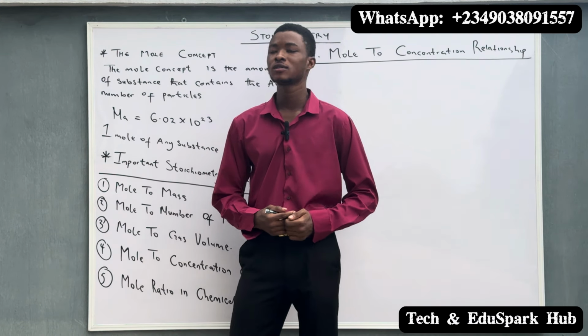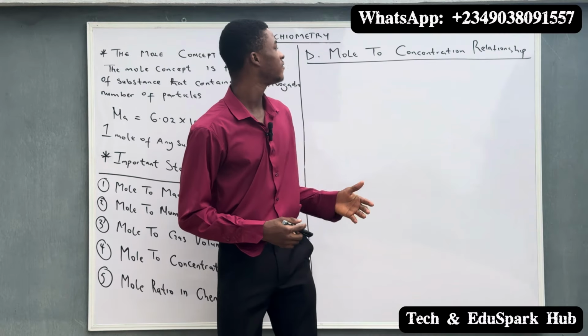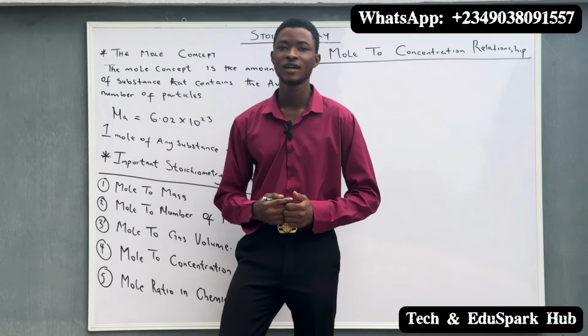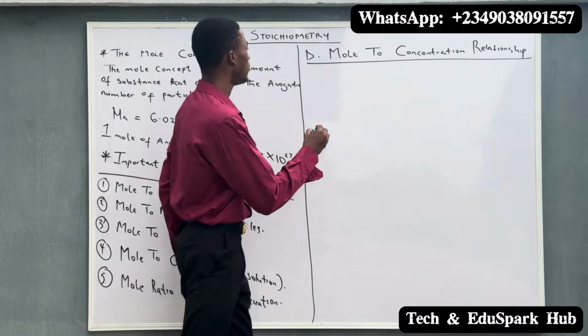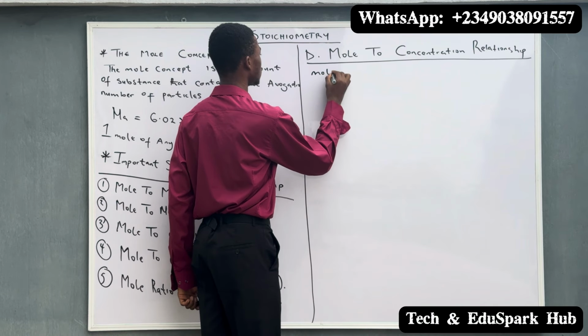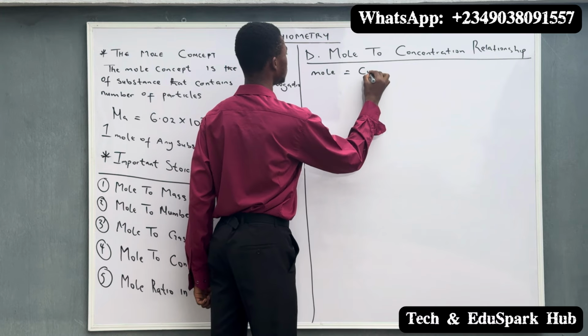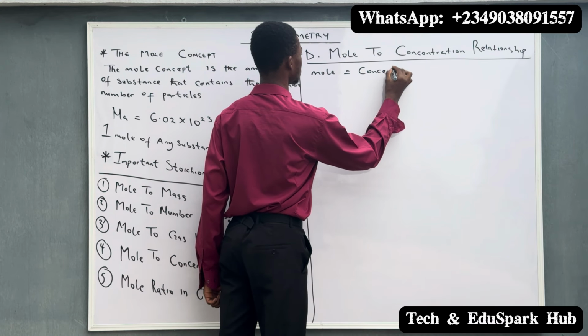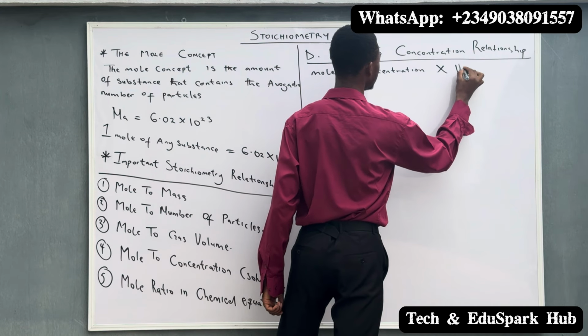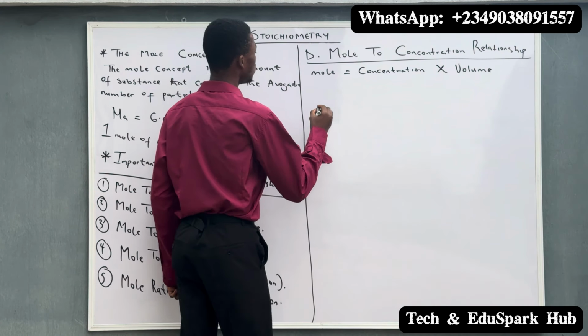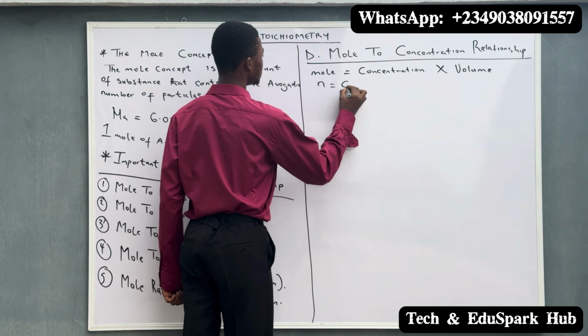And moving to the fourth stoichiometry relationship, we have the mole to concentration relationship. So one thing that we have to note here is that mole is equal to concentration times volume. So we have N equals to CV.